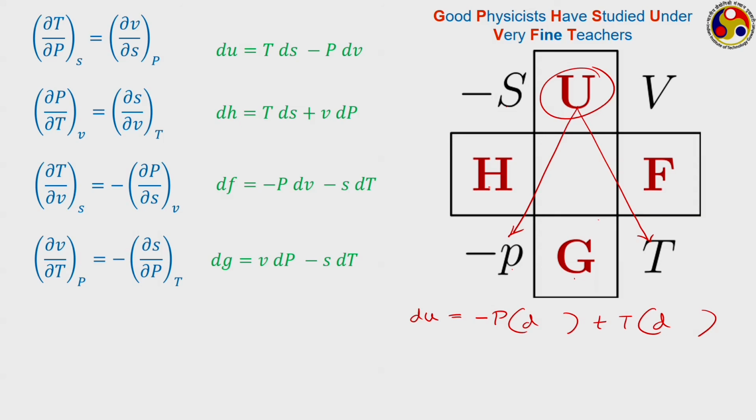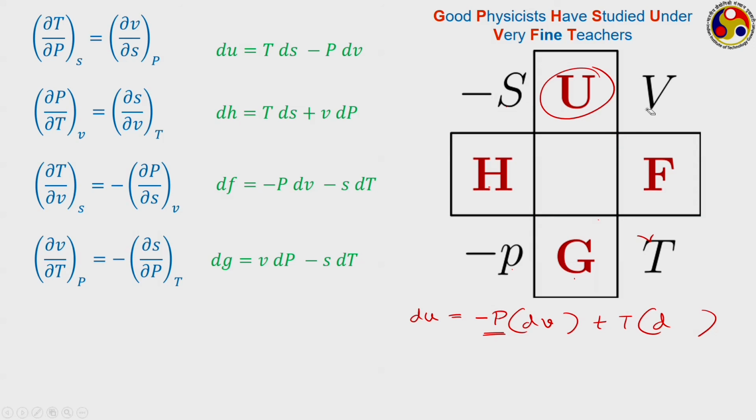Now, what will be going into the differentials? Into the differentials, we shall be using the terms which are adjacent to the U. So, for P, when the coefficient P we already have, to get this we have to go to the diagonal, the one opposite to P, which is V. So, write V here.